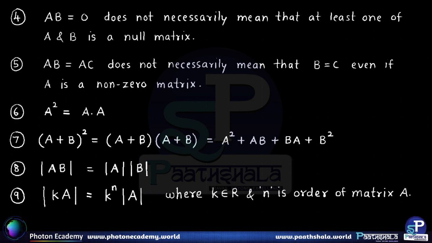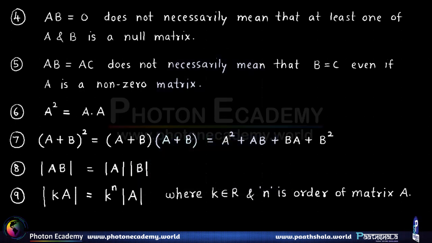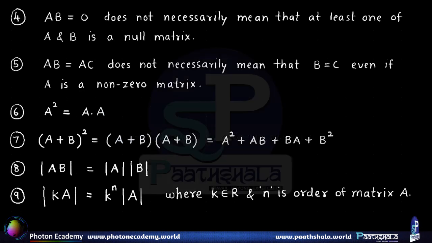In the seventh property we have A plus B the whole square, which is nothing but the product of A plus B with itself. Now here, while doing the product, the only difference from the corresponding algebraic counterpart is this: in algebra, x plus y the whole square is x square plus 2xy plus y square.